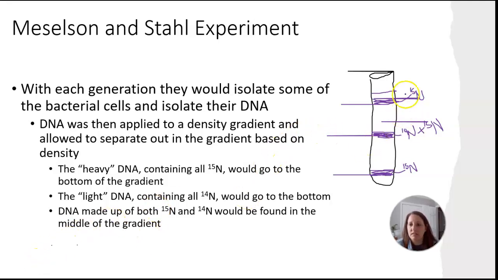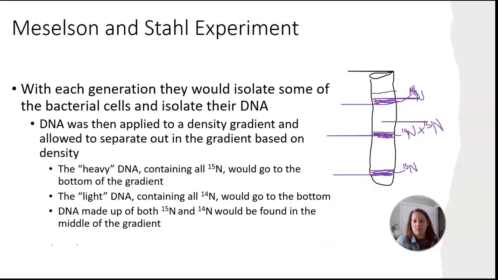Should be a 14. I accidentally drew a 15. Okay, so heavy DNA would go down here to the bottom. Light DNA would come up here and settle at the top. And DNA that's made of a mixture of heavy and light would end up here in the middle. Okay, and if we go up in increments, this would be lighter and lighter.